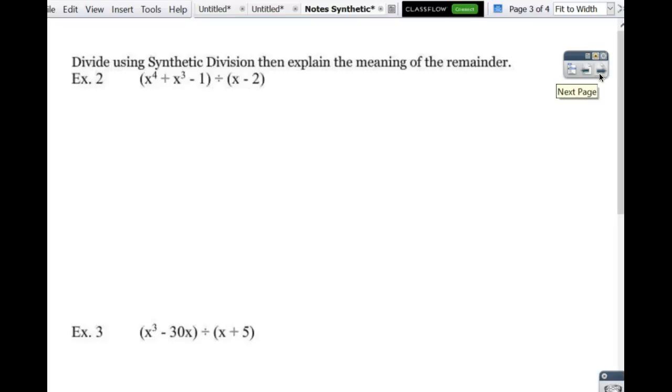Number 2. I don't think I can go any slower. First of all, what's missing? The x squared and the x, right? So this is my factor. What's the root? 2. So the 2 goes here.